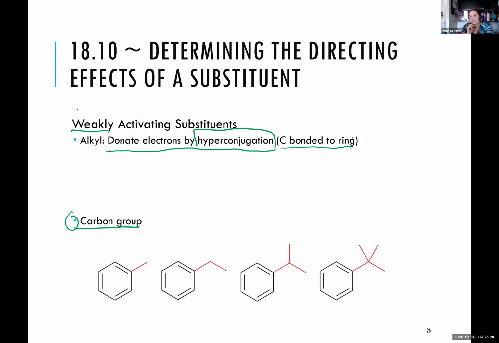So let's talk about hyperconjugation. We first talked about this term when we learned what a carbocation is. So when we have a carbocation, it is sp2 hybridized, which means that it has this empty p orbital.